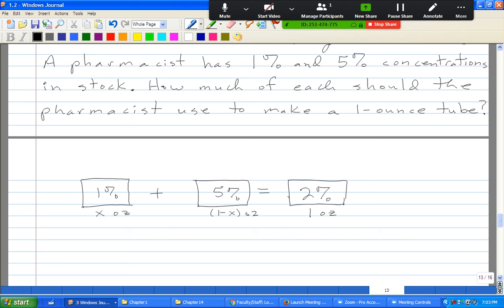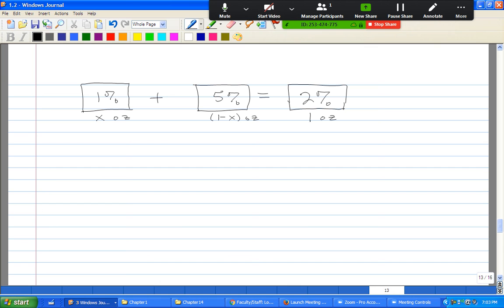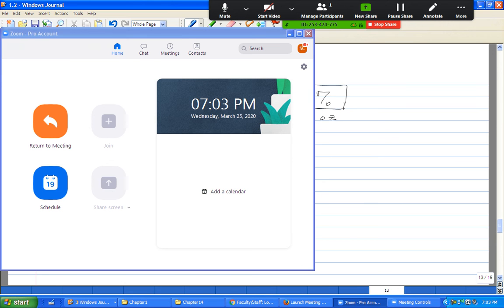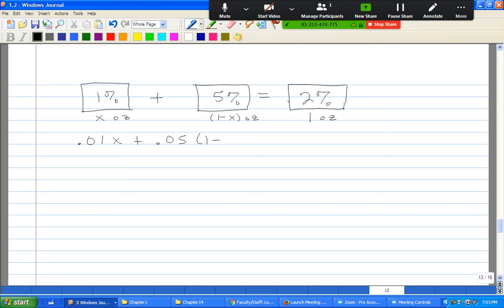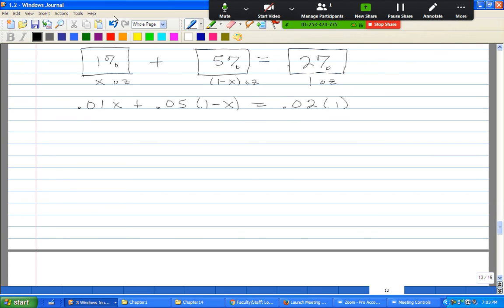And so, by conservation of the hydrocortisone, we have 1% of x plus 5% of 1 minus x must equal 2% of 1. So let's simplify this. Let me multiply the 0.05 inside the parentheses.